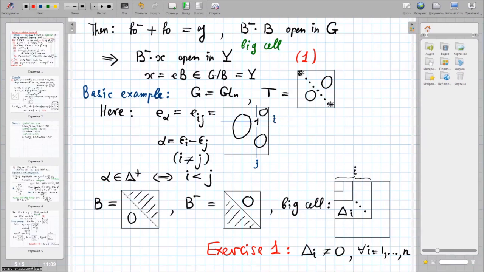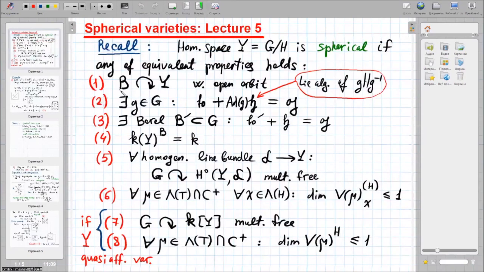If you look at the conditions defining sphericality, maybe the second or third condition, the requirement is that the sum of the Lie algebra of the stabilizer and some Borel subalgebra equals the Lie algebra of the whole G. In particular, this means that the dimension of the homogeneous space Y, which is G mod H, is not bigger than the dimension of the Borel subgroup.